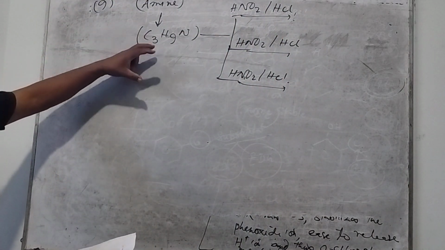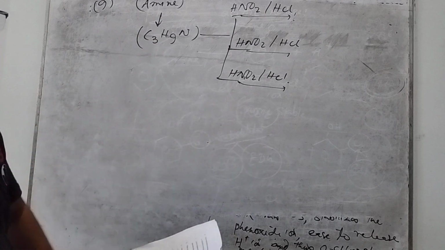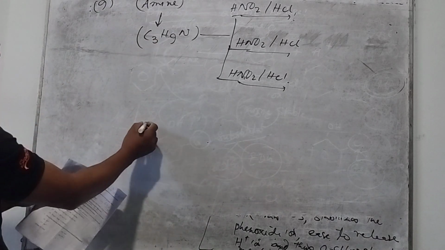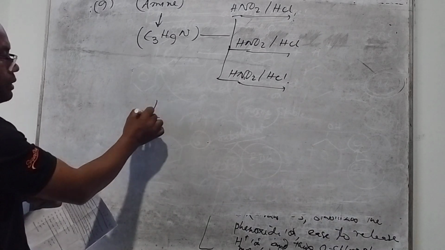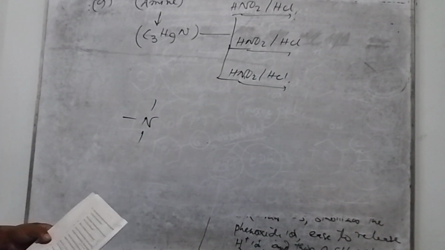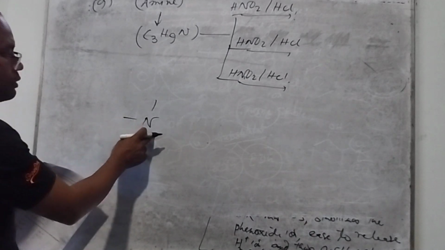We have different isomers of this amine. Add the nitrogen here. How many bonds will be here? Three bonds.